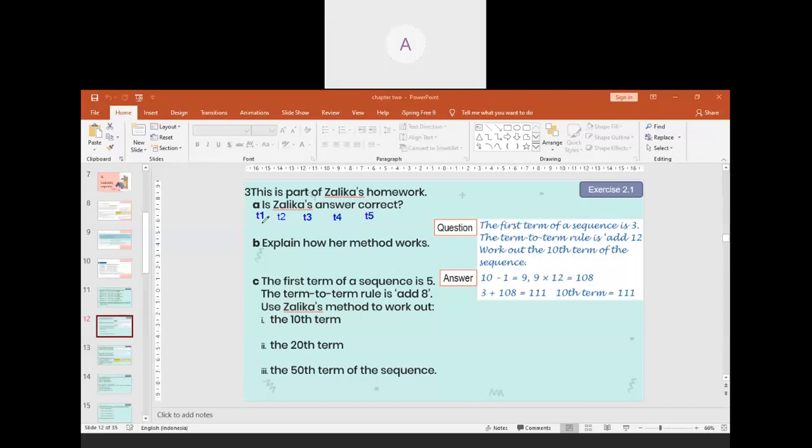Okay. I already have the first term, T1. When I want to find the fifth term, from term 1 into term 2, I need to add 12. From term 2 into term 3, I need to add 12. From term 3 into term 4, I need to add 12.